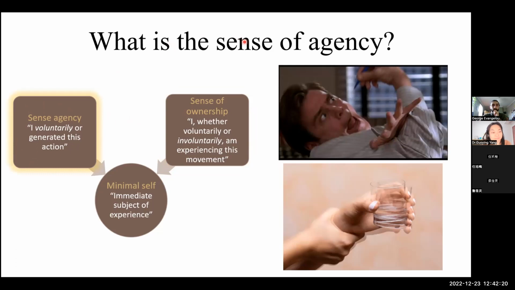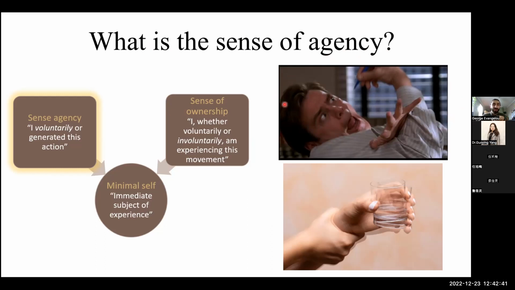And so this might be seen as a good example of something that we might call anarchic hand syndrome, where patients, unlike in dysownership, somatoparaphrenia, might see a body part still as their own. Like, I know this is my hand and I know this is my body part.